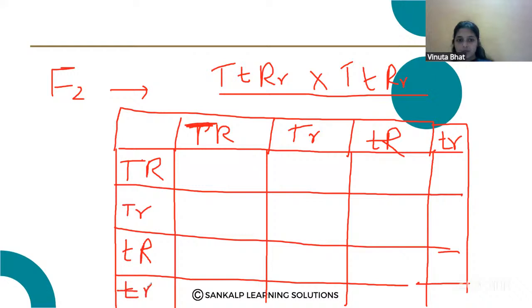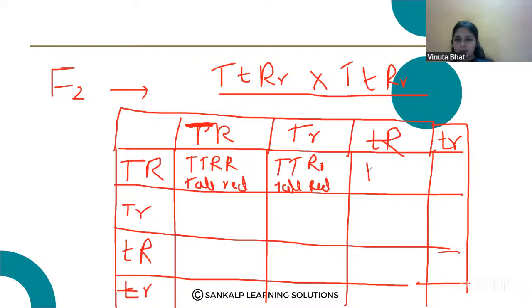Okay, here capital T, capital T, capital R, capital R. Next one, capital T, capital T, capital R, small r. Tall, tall red color flowering plants. It is also a tall red color flowering plant.